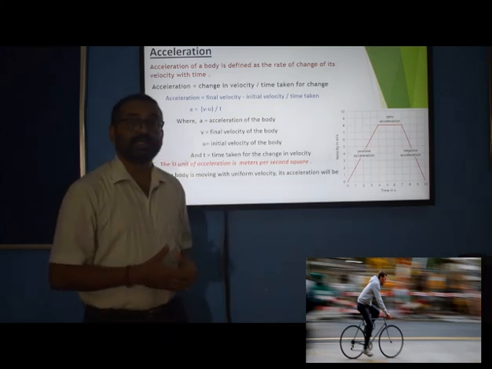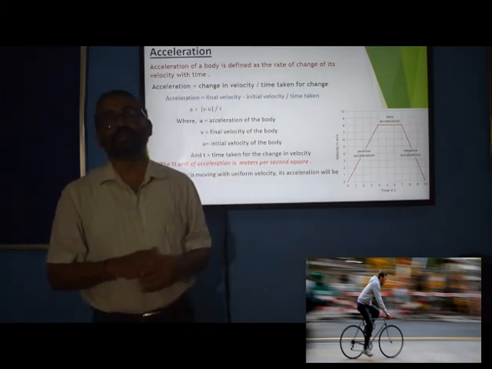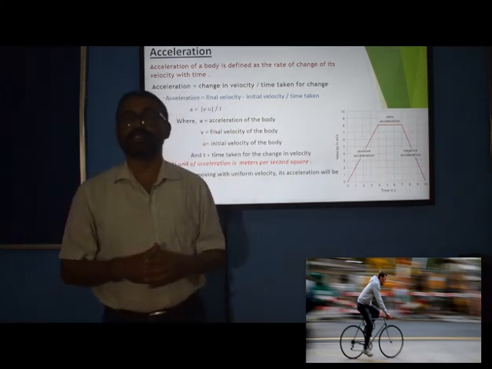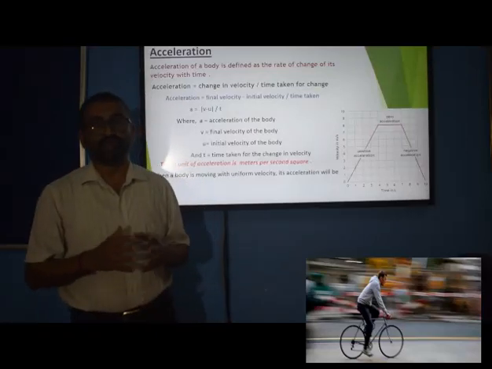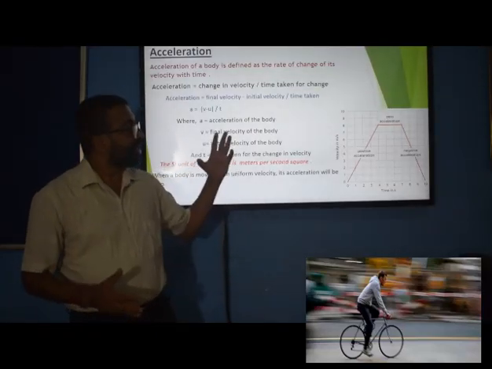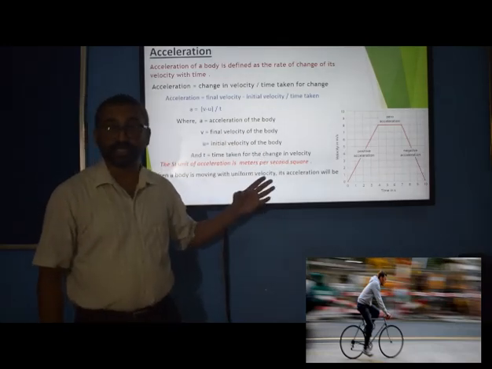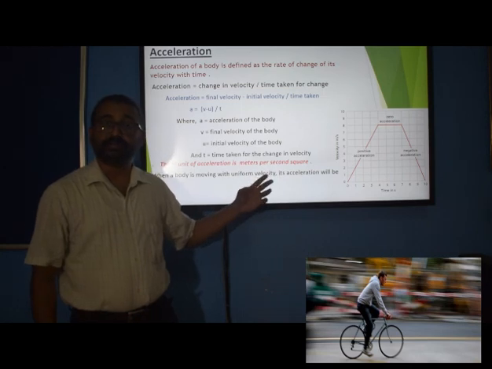Now, dear children, let us have a look at the units. What will be the unit of speed? Of course, it is meter per second. What will be the unit of velocity? It is again meter per second. What will be the unit of acceleration? Acceleration is the rate of change of velocity, that is velocity divided by time.